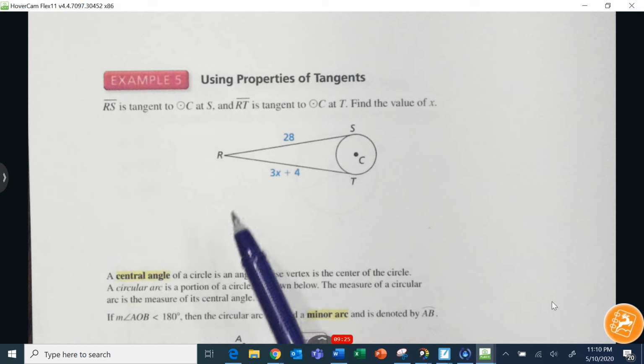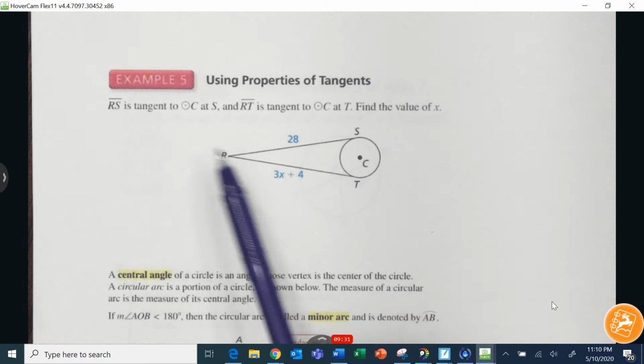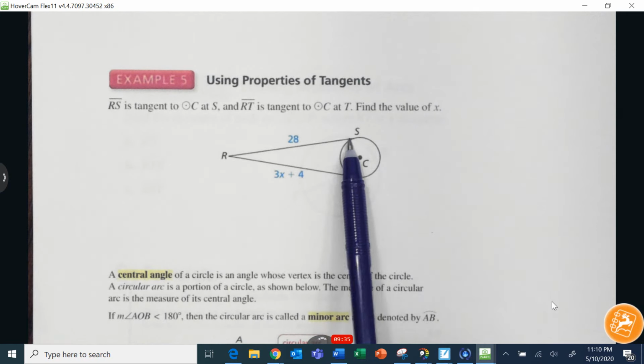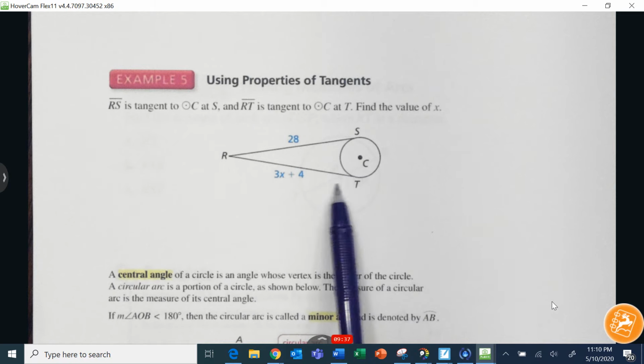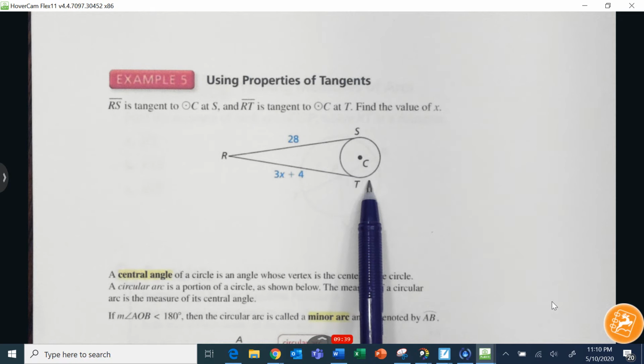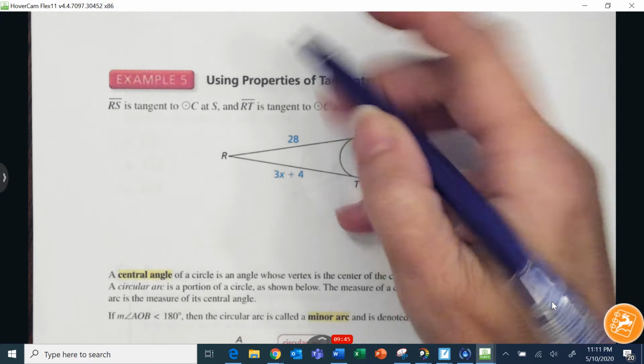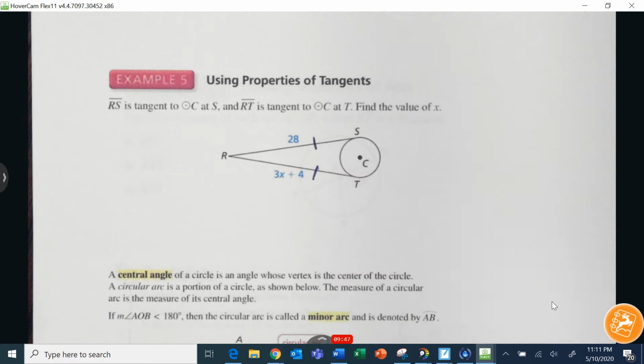Okay, using the, what was the theorem called? The external tangent congruence theorem from the previous page. If I know that RS is tangent at point S and RT is tangent at point T, they both have the same intersection of these lines. That tells me these two have to be congruent tangents.